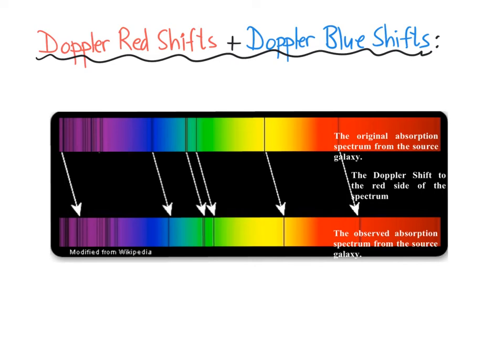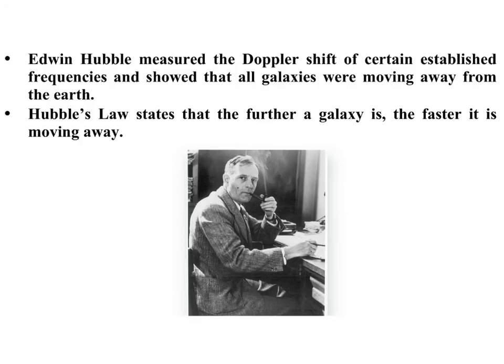and they had to interpret why this shift in the light coming from galaxies was taking place. And a scientist by the name of Edwin Hubble measured these shifts and worked out that the reason for these shifts was that the galaxies were moving away from the Earth.